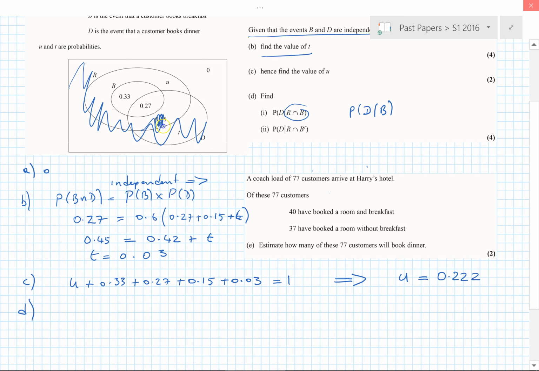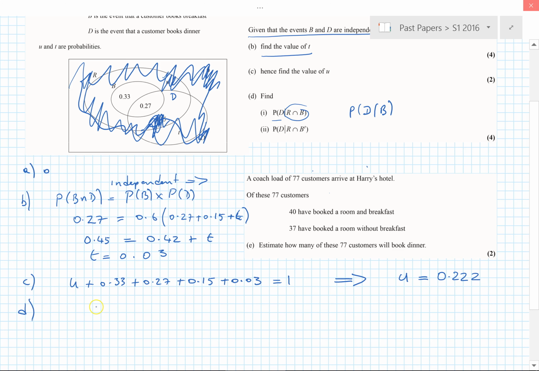So that's my restricted sample space. We now know that B has happened, or R intersection B has happened, which is the same thing. And we are being asked, given that, what is the probability of D happening? I've scrubbed it out, but D is this set here.